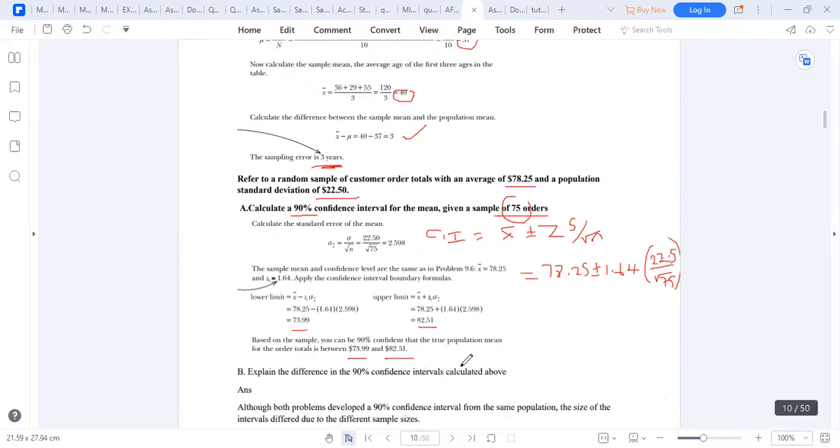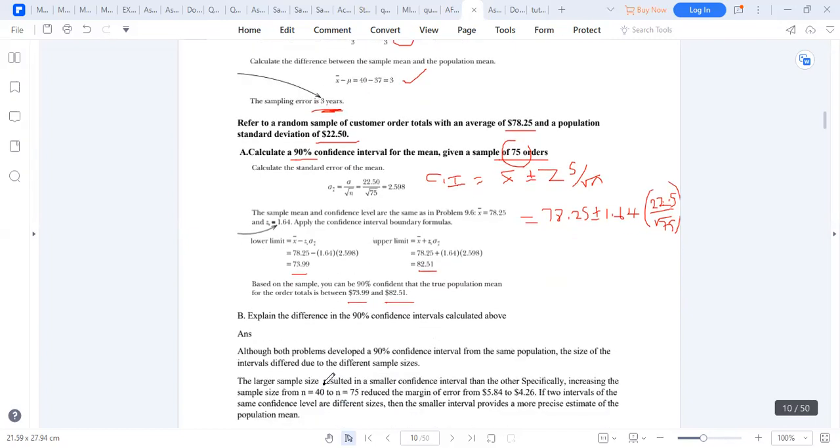So now let's try to find it for 40 orders. But before, we've been asked to explain the difference in the confidence intervals above. At 40 and at 70, we are going to consider a difference in the margin of error. The margin of error is simply given by z times standard deviation over square root of n.